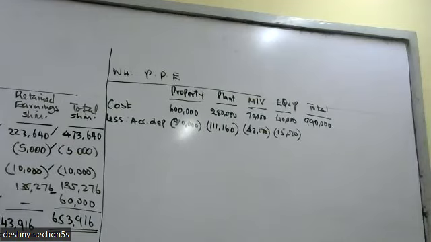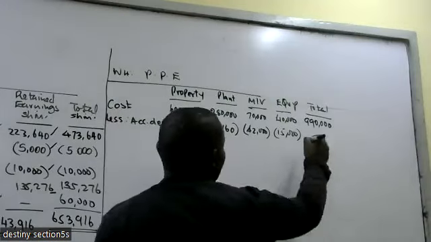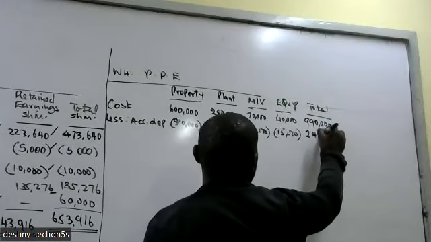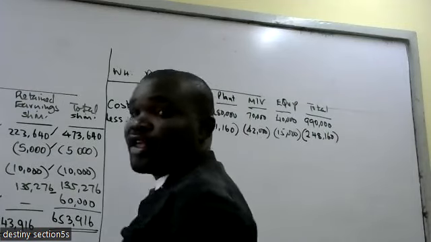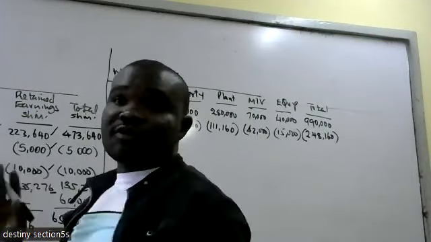So 248,160. Then the depreciation for the year, I have forgotten those figures.